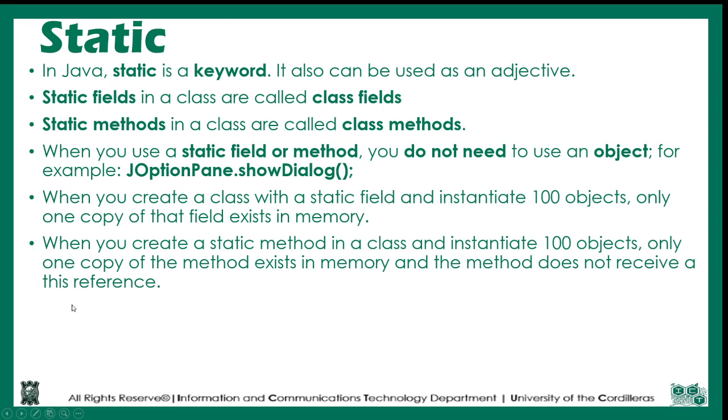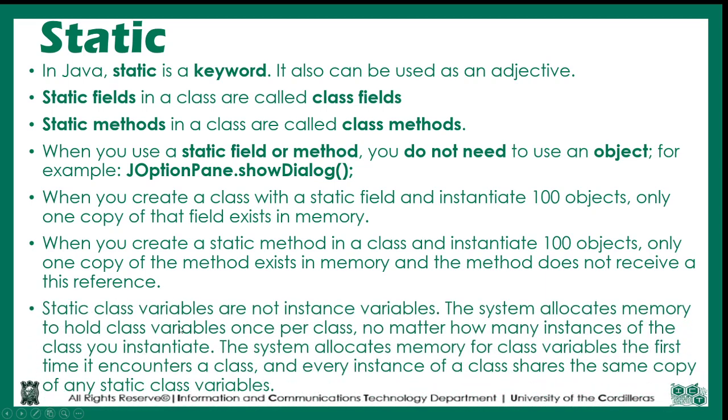Static class variables are not instance variables. I want you guys to remember that. The system allocates memory for class variables once per class. No matter how many instances of the class you instantiate, the system allocates memory for class variables the first time it encounters the class, and every instance of the class shares the same copy of any static class variables.